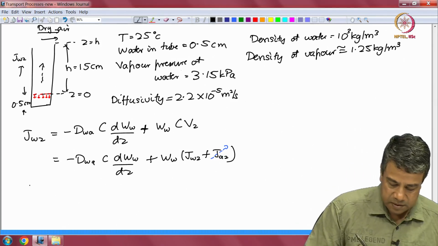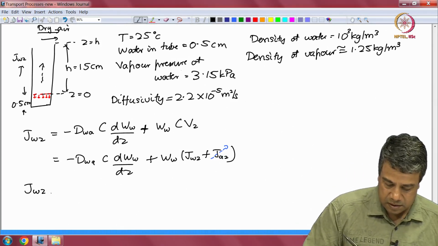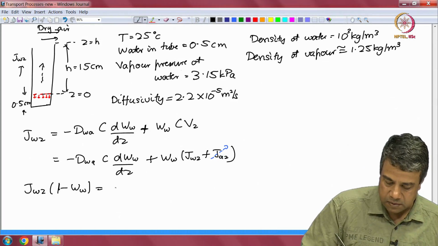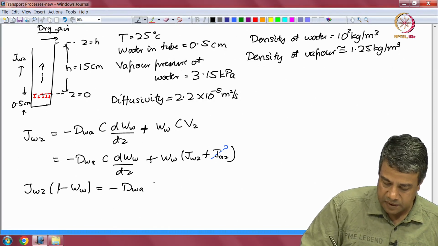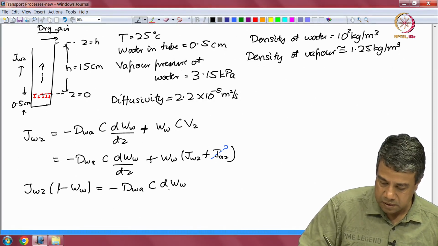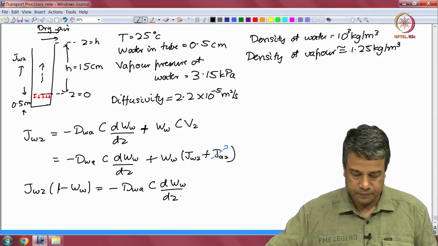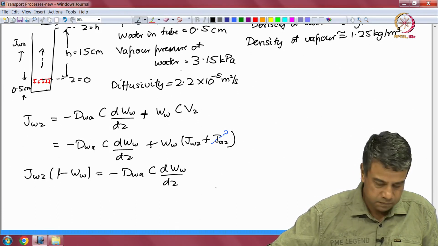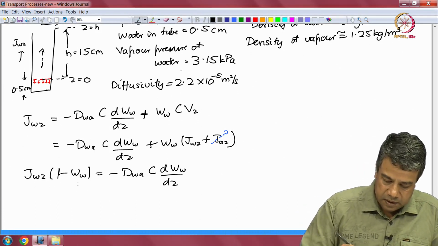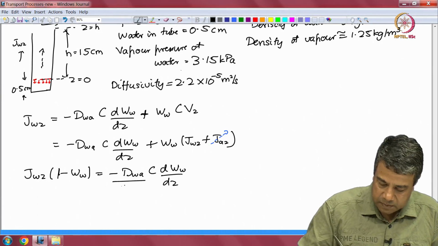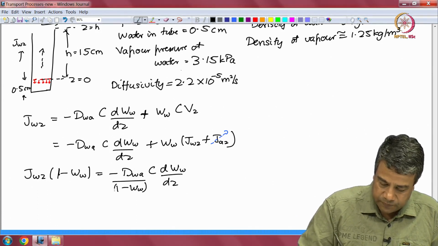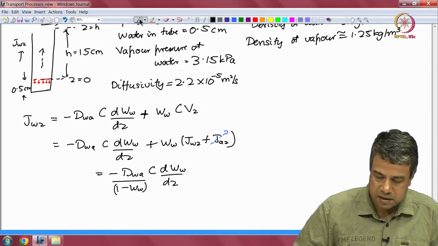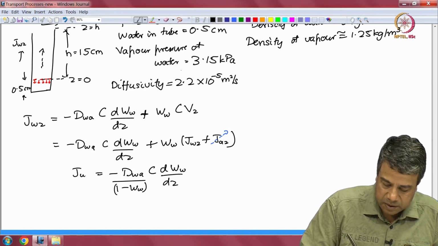Once we have that, the equation becomes JWZ into (1 minus WW) is equal to minus dWA C d WW/dz, or alternatively JWZ will be equal to this divided by (1 minus WW). You're just taking the last term on the right to the left-hand side and dividing throughout by 1 minus WW.